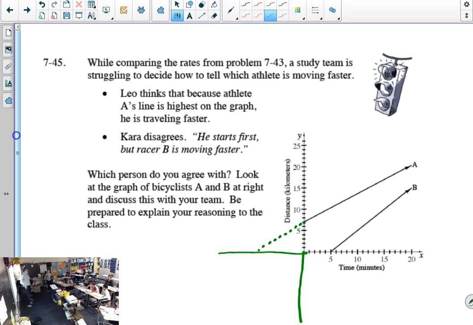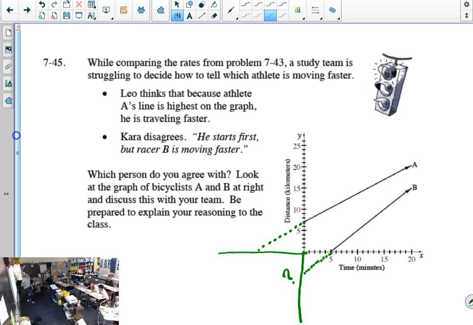But we don't really care about that because when we get to graphing form, we'll care about the y-intercept. I don't know if you guys have talked about graphing form yet, but here, let's say Biker B didn't get a late start. Biker B started at the wrong place. There would be some point down here. When he reached the start, it was after 5 minutes.